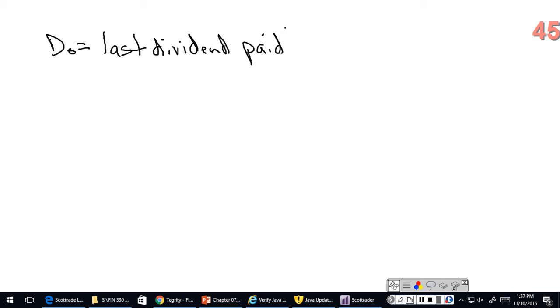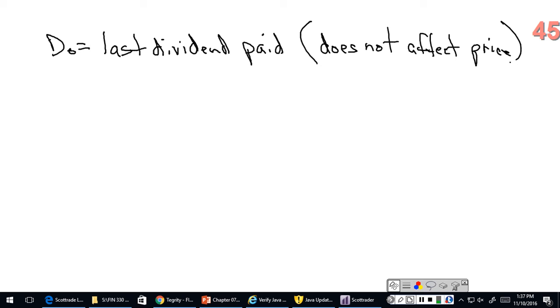You'll be able to determine this as you practice reading these problems, but D0 is the last dividend paid. And since it's already been paid, it is not going to have an effect on the stock's price.